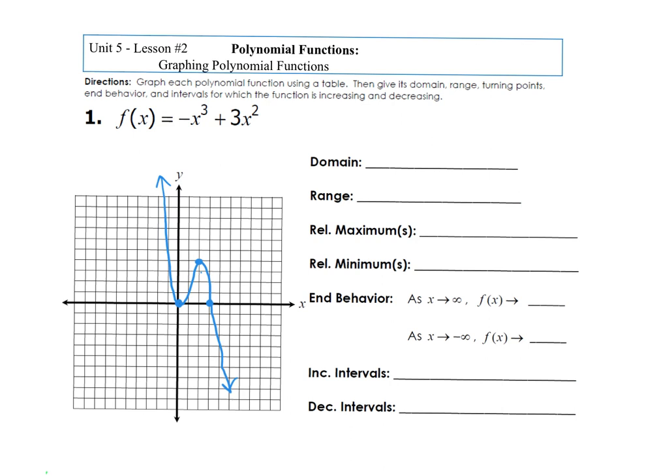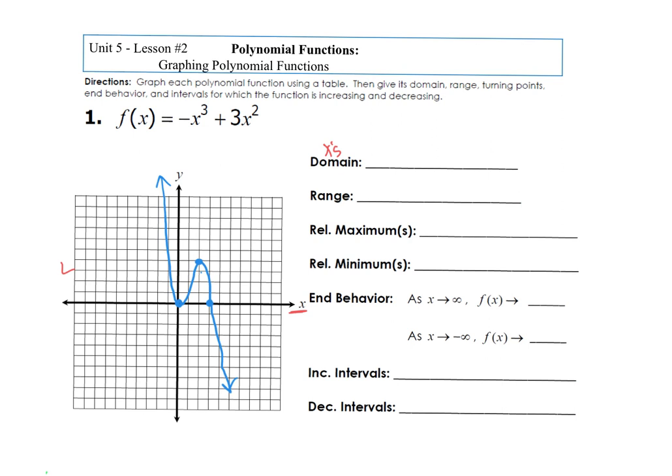Now we're going to go through and we're going to answer all these questions: domain, range, and the rest of it. Now remember, domain is your x's, your left to right spread. As I'm on my left side, I'm moving up, but I'm also moving to the left forever. There's nothing stopping me. I'm also moving to the right forever. It's moving down, but it's also moving right.